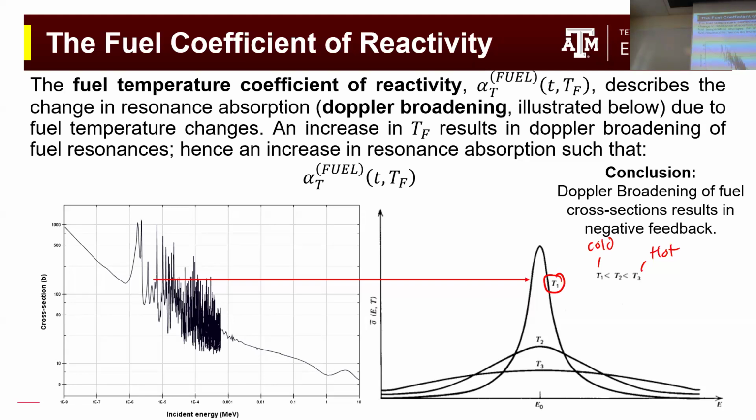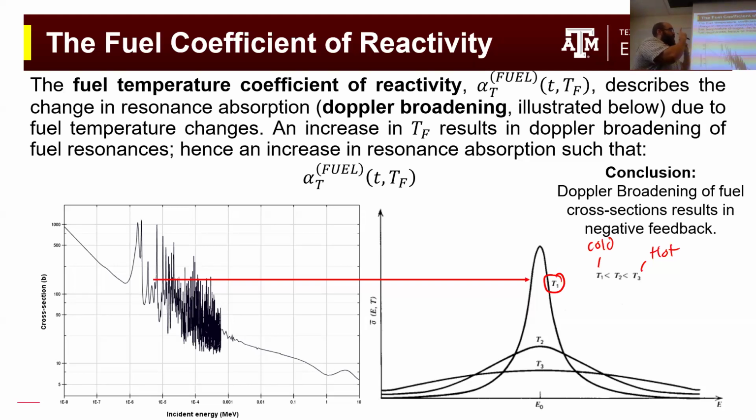But if my temperature is high, then these resonances broaden, and now there's a much bigger range of energies where a neutron could get caught in that resonance and then be parasitically absorbed, which would result in it not causing a new fission. So if neutrons are getting absorbed here, they're probably getting parasitically absorbed and not causing a new fission, whereas if they're getting absorbed here, then they're probably going to cause a fission.